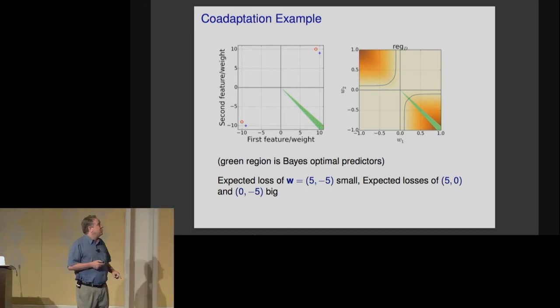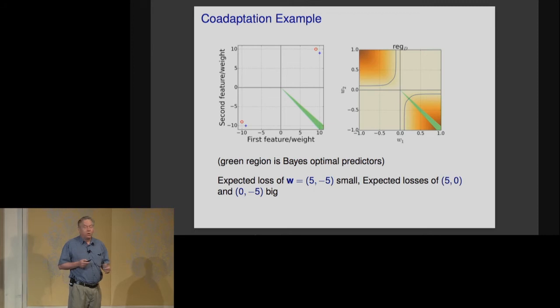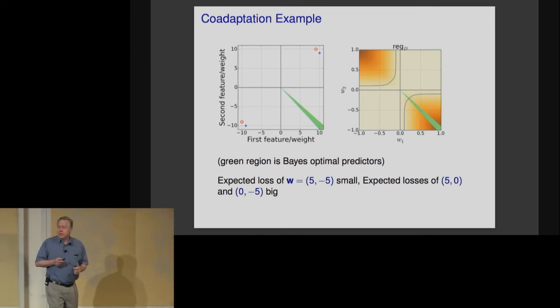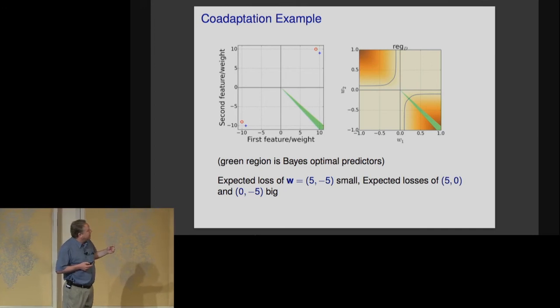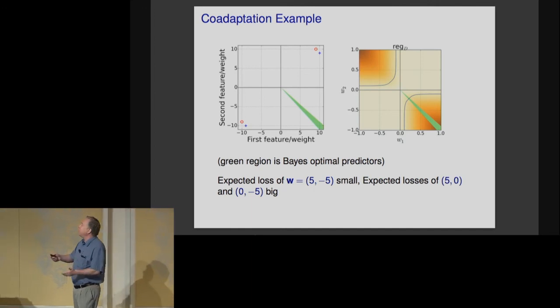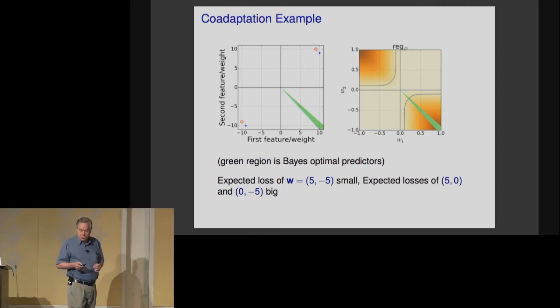So to get to the Bayes optimal weight vector like 5, minus 5 that has small expected loss, dropout will avoid going there. This co-adaptation, the expected loss of 5, 0 and 0, minus 5, will predict badly on some of the examples and have high loss, much worse than the loss of 0.